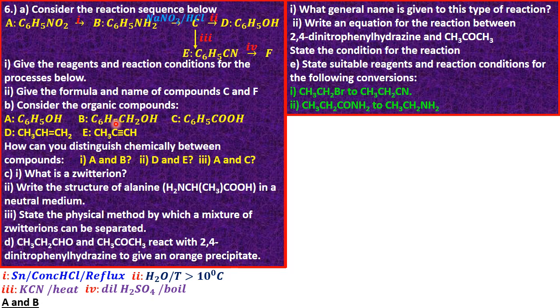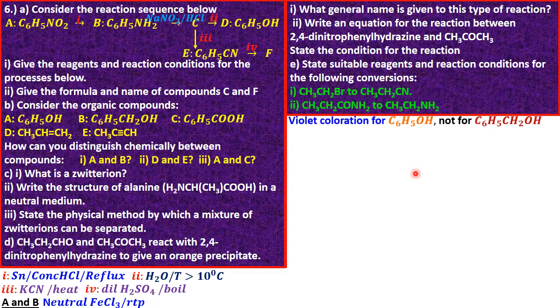What we are going to do for A and B, friends, is use neutral iron trichloride. The question did not say we should describe, right? The question wants us to distinguish them. So the reagent, reaction conditions and the expected observation is the best way to go about this question. The reagent in this case is neutral iron trichloride, and the reaction condition is that it occurs at room temperature. What do we expect to see, guys?